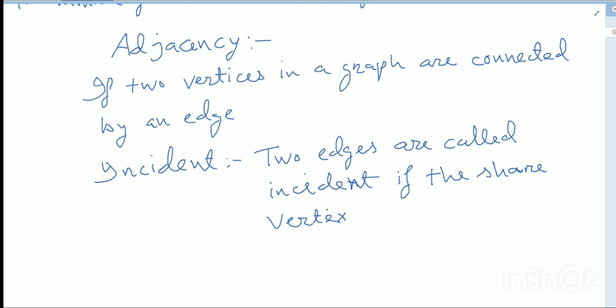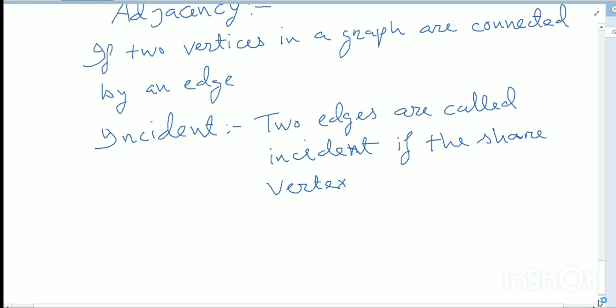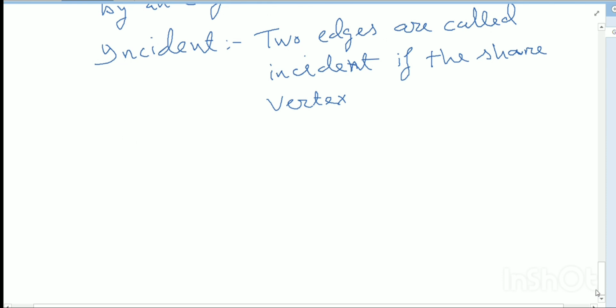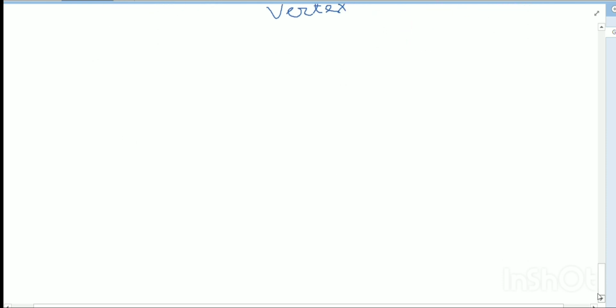Now friends, I discuss the adjacency matrix. This is very important for graph theory. What is an adjacency matrix? An adjacency matrix is a square matrix used to represent a finite graph, where the element at row i and column j indicates if an edge exists between vertex i and vertex j.